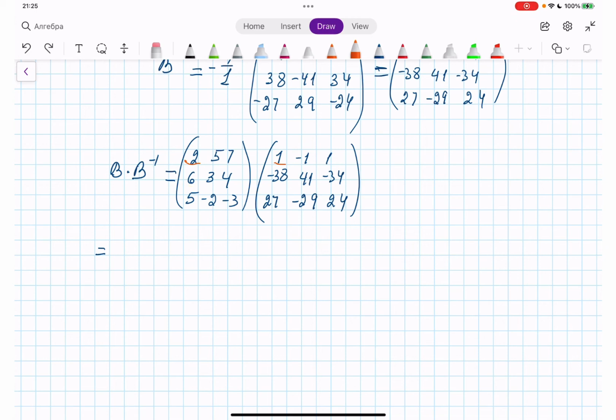So the first matrix we go by row, the second one by column. 5 times negative 38 and 7 times 27. And then the second row, 6 times 1, 3 times negative 38, 4 times 27. Okay, so let's do it. And then the third row, same way.